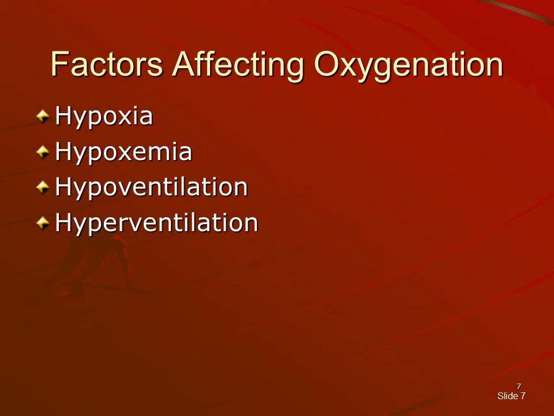Some late signs and symptoms include bradycardia or a low heart rate, extreme restlessness, and dyspnea or difficulty breathing. Some causes of hypoxemia include increased work of breathing, a blocked airway, anemia, heart disease, pneumonia, pneumothorax, sleep apnea, and high altitudes.